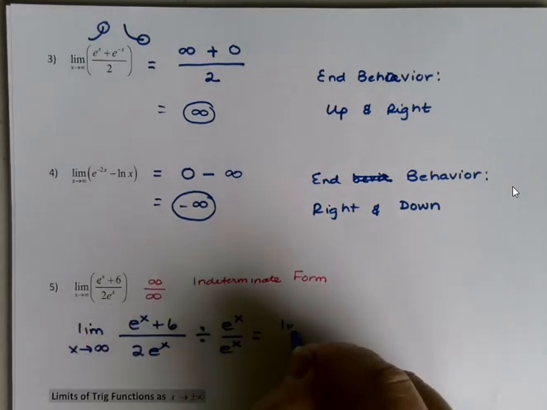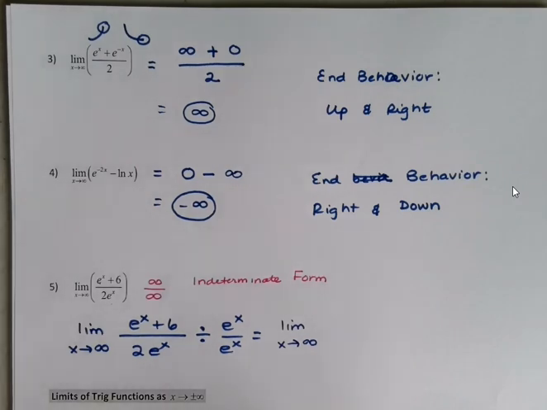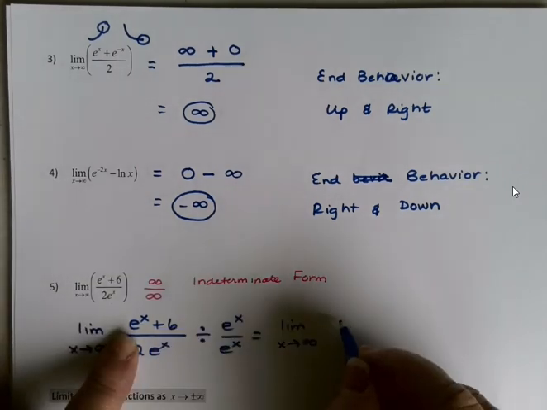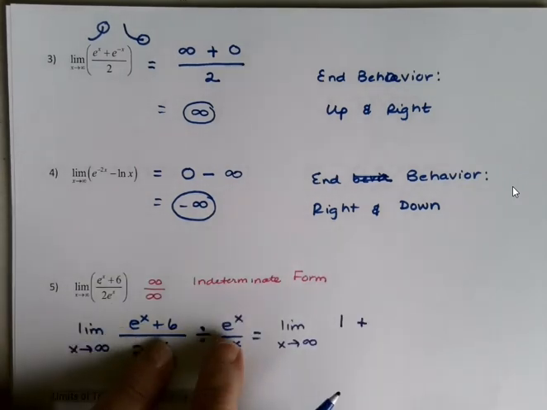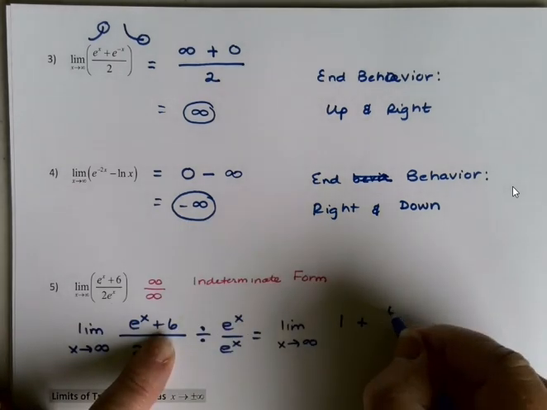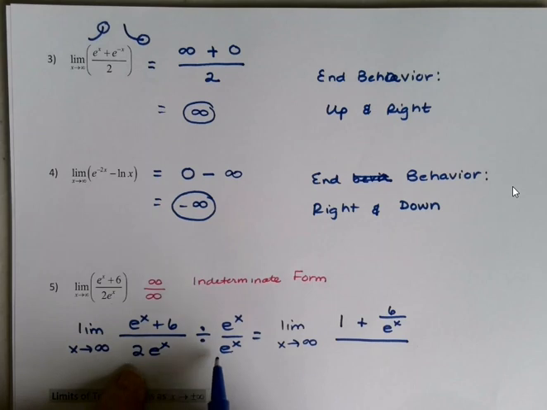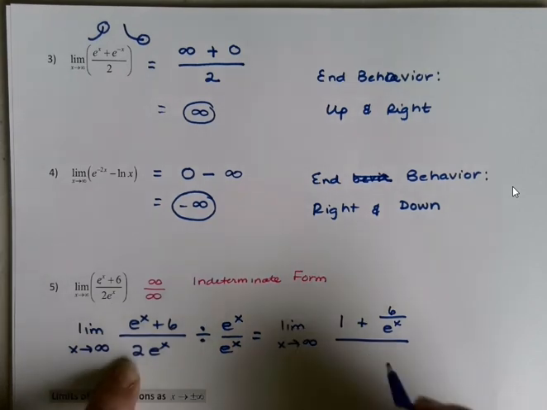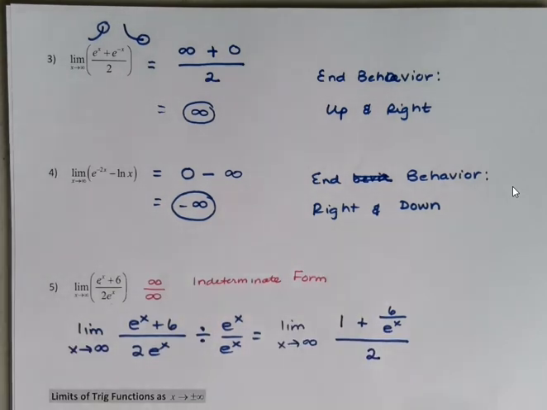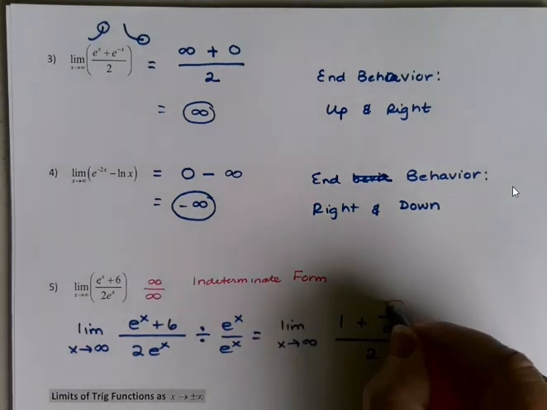So let's see, I'll get the limit as x goes to infinity. e to the x divided by e to the x is 1, plus 6 over e to the x. And on the bottom, the e to the x's will cancel out. I'll just get a 2. All right, the 1 and the 2 are no problem. What about this fraction?